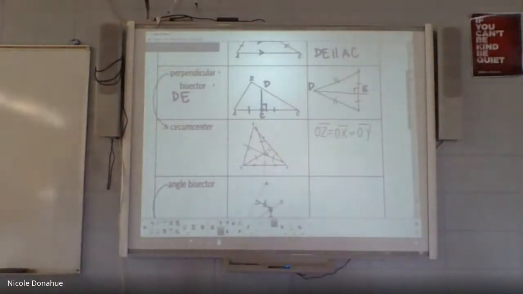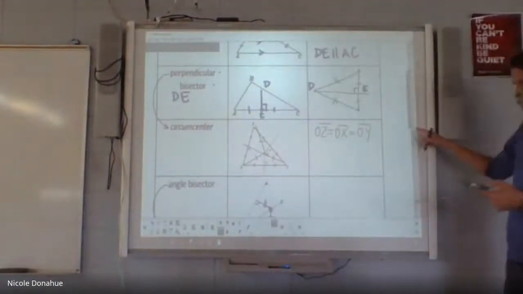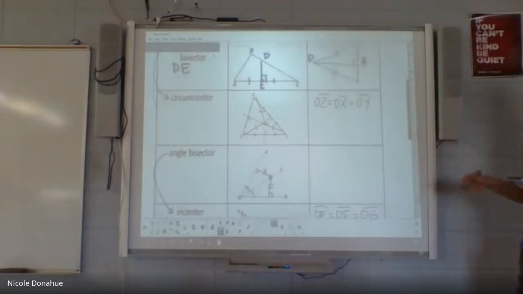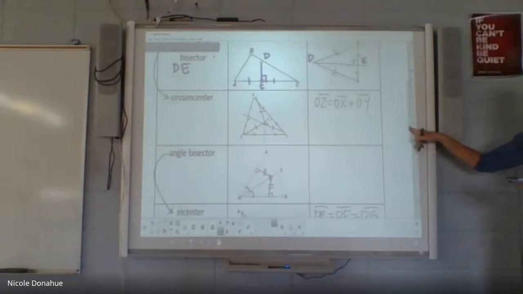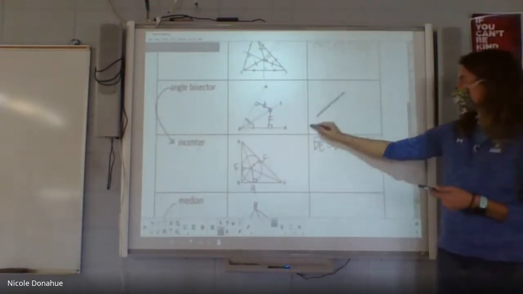Just trying to make sure I have everything. We did this kind of fast the other day for our Kahoot, so I want to make sure I have everything. Circumcenter, it's equal to all the edges. Angle bisector. In a triangle, it would just look like this.